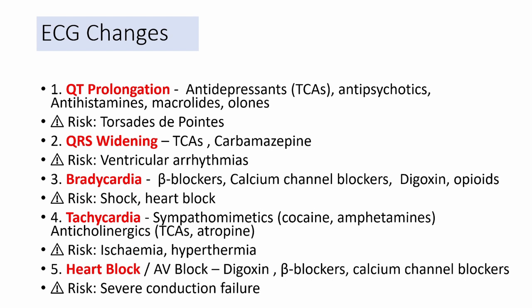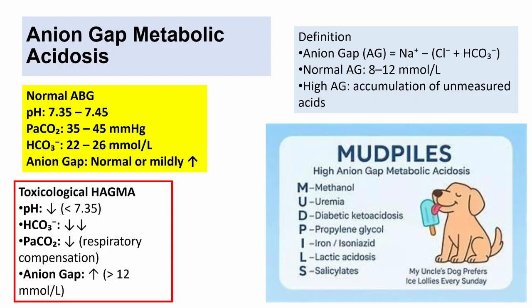And simple tachycardia, that means methamphetamine, amphetamine, anticholinergics such as atropine, and ice, you know that methamphetamines also. Heart block occurs with poisoning with digoxin, beta blockers, and calcium channel blockers.